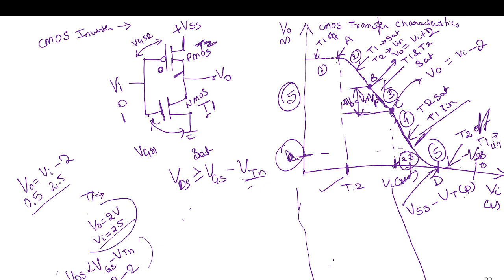So if I take these same values, then the drain will be 2 volt, and the gate will be at 2.5 minus 2.